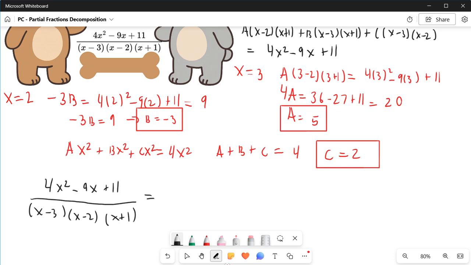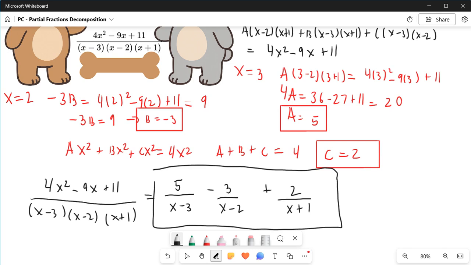So this equals, we said, 5 over x minus 3, minus 3 over x minus 2, and then plus 2 over x plus 1. Okay, so here is our solution.